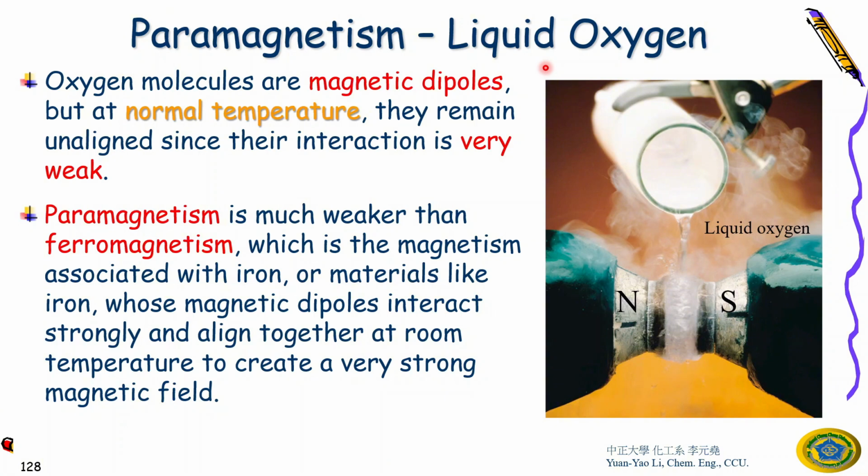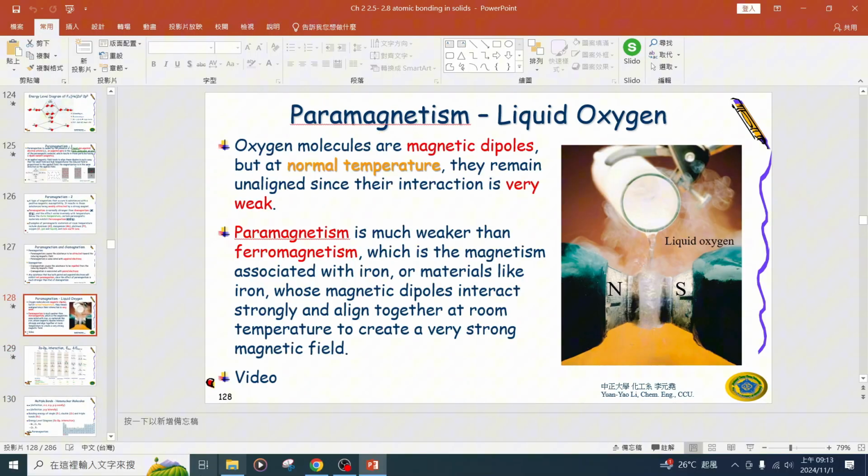Paramagnetism is much weaker than ferromagnetism, which is the magnetism associated with iron or iron-like materials, whose magnetic dipoles interact strongly and align together at room temperature. Remember, this is room temperature, right? It produces a very strong magnetic field. I have a video for you to see what I'm talking about.